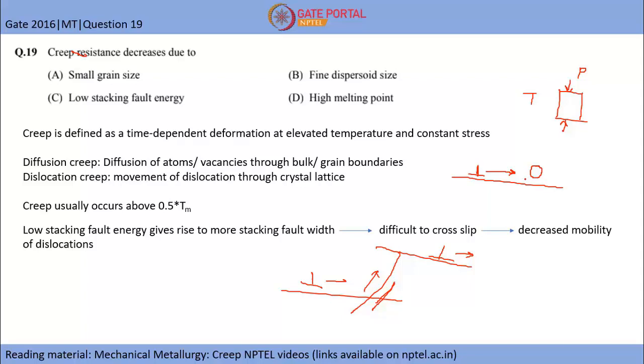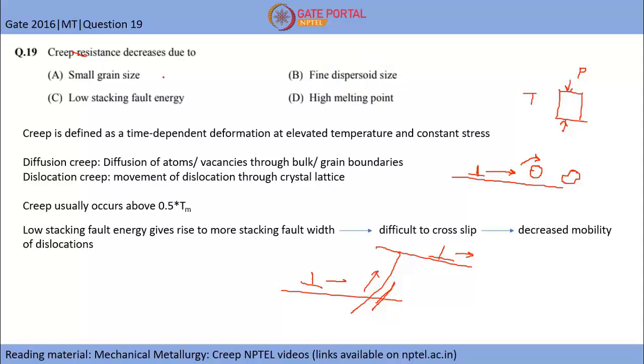So what it will do is it will try to shear this, like shearing will occur like this, or it will try to just go around this dispersoid. So what is happening because of this fine dispersoid is it is creating more hindrance to the dislocation movement, which is basically increasing the creep resistance. Hence, fine dispersoid size is also not a correct option.